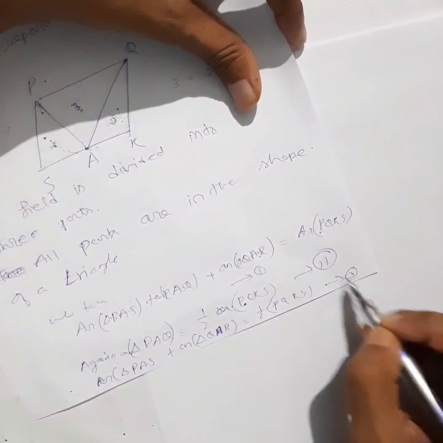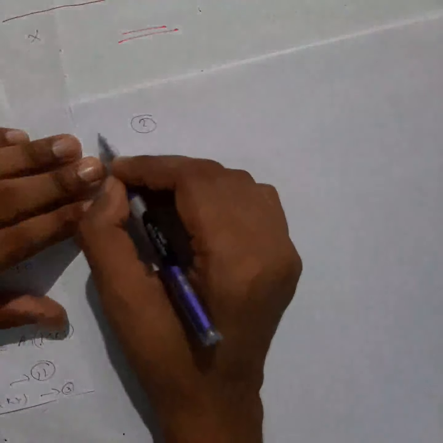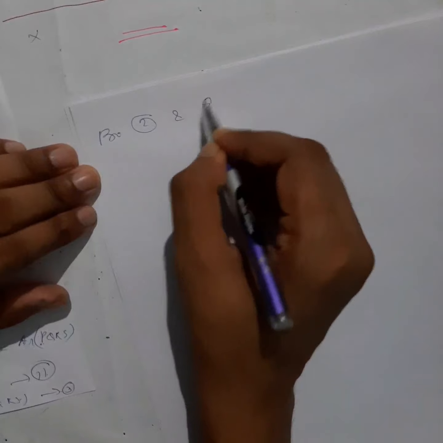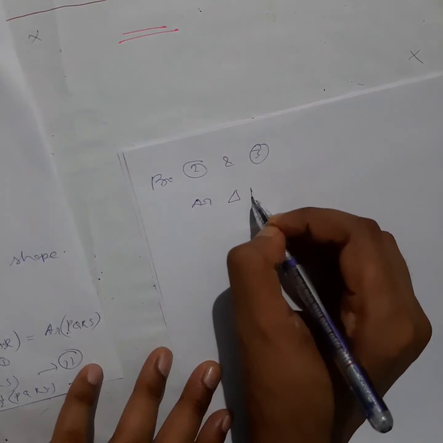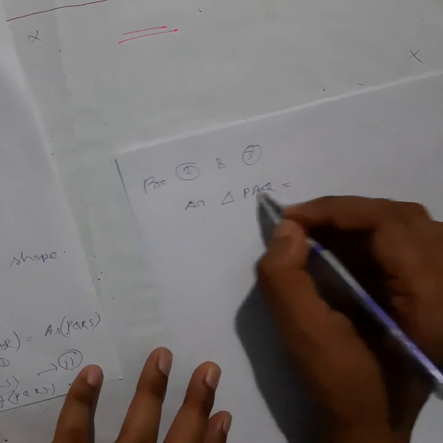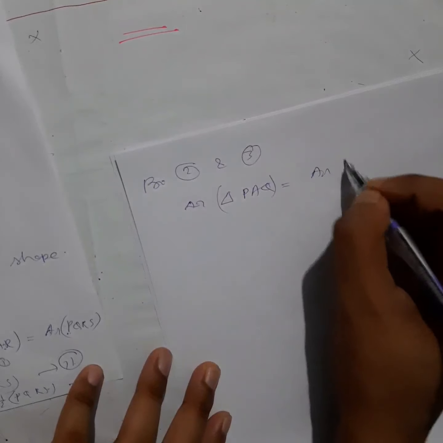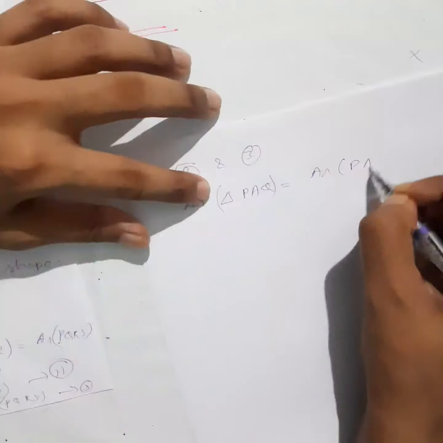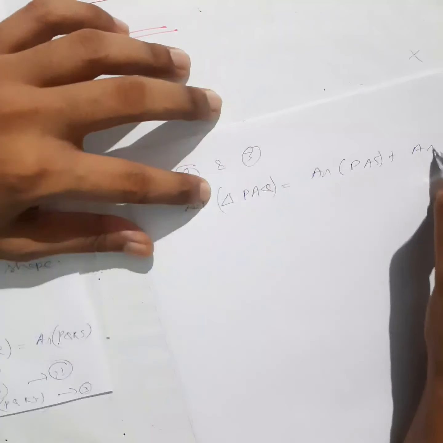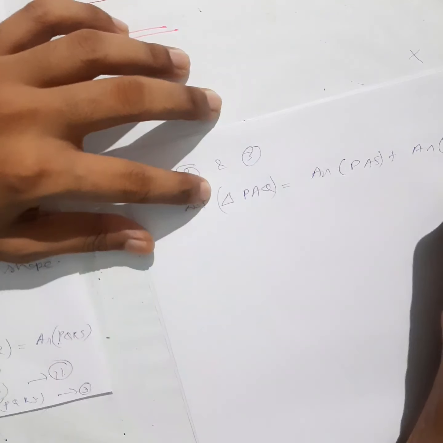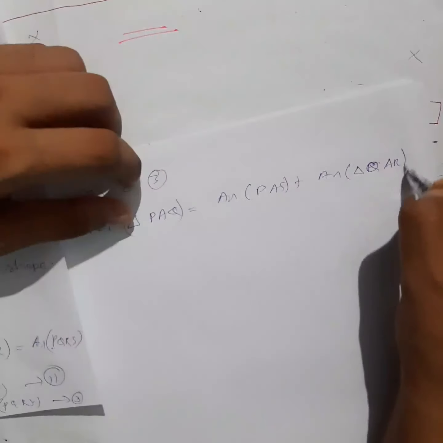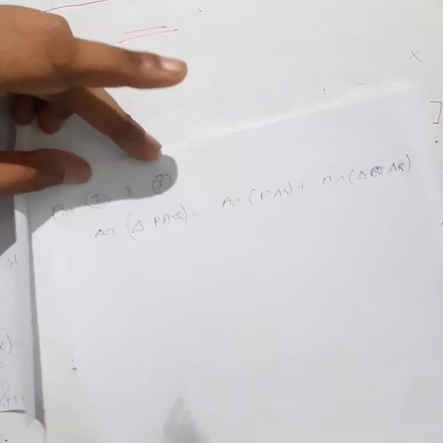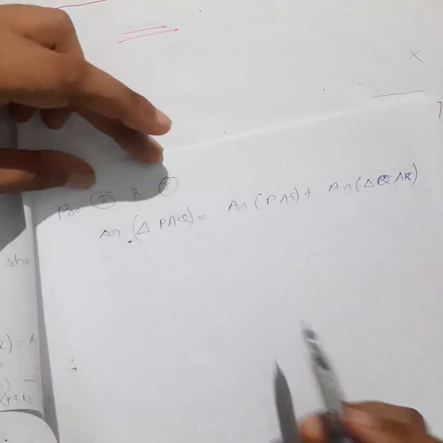So from 2 and 3, can I write, from 2 and 3, area of triangle PAQ is equal to area of triangle PAS plus area of triangle QAR. From 2 and 3 we got this. So this part and this part are equal.